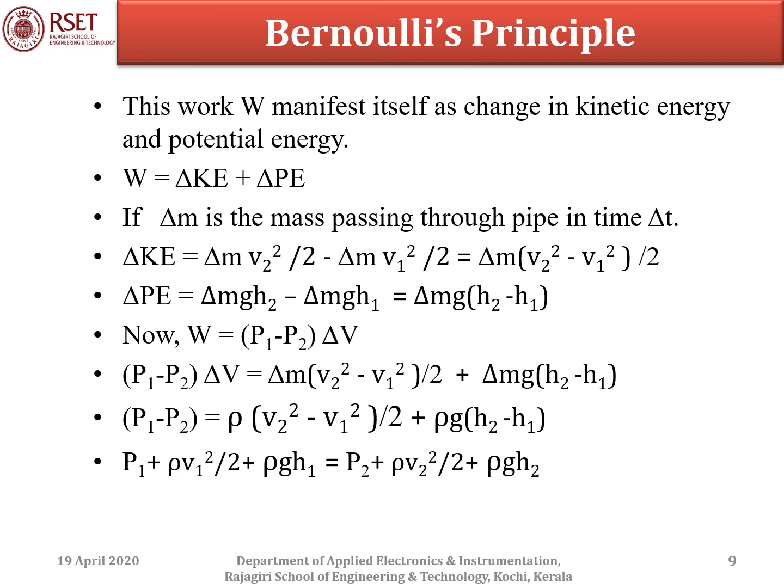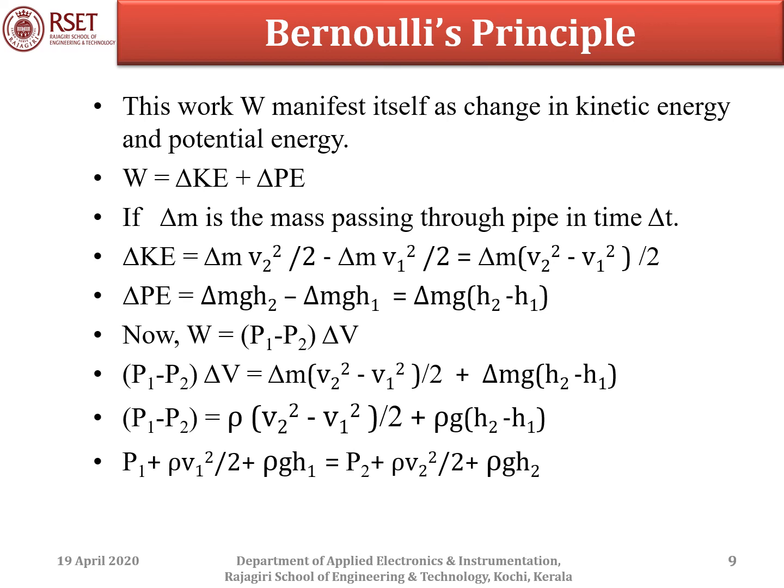Now we can conclude that we have obtained the expressions at 2 points. We note that the sum of pressure plus rho times v1 square by 2, this term denotes kinetic energy. The first term P denotes energy due to pressure.